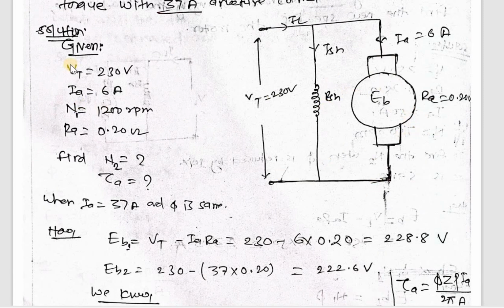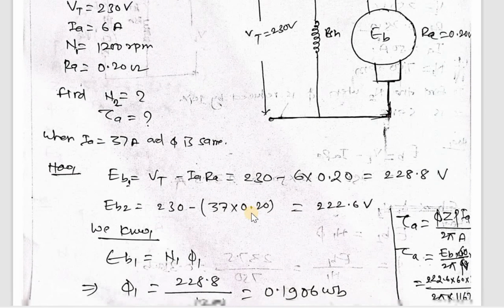Here Vt equal to 230, I equal to 6 ampere, N1 equal to 1200 RPM, Ra equal to 0.20 ohm. We have to find N2 and armature torque. Ia equal to 37 ampere and phi is same.